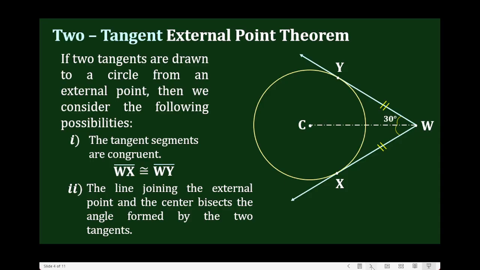These two equal parts are two angles, and each has its name: angle YWC and XWC. Now, if each part is 30 degrees, therefore angle XWC is congruent to YWC.